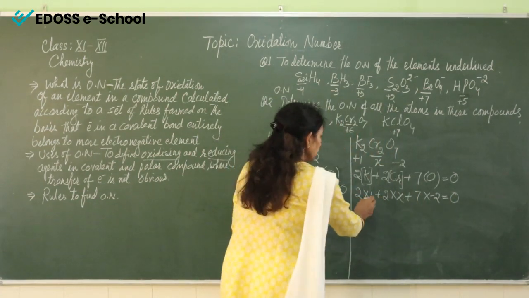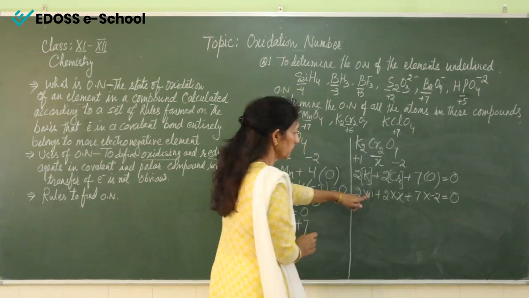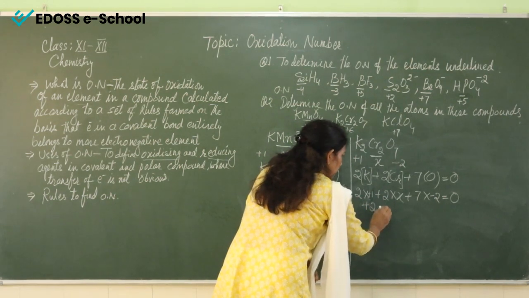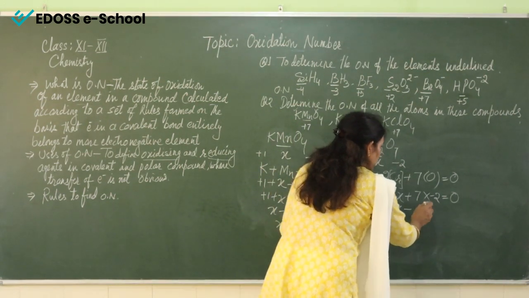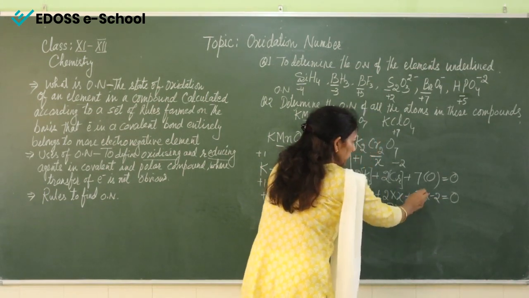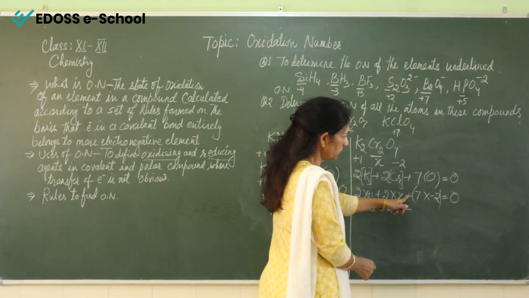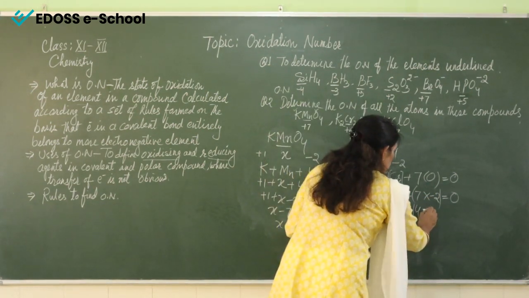Because this is plus 1, we can put the sign also. So this is plus 2 plus 2x, and here plus and minus, we have to see it. This is plus and this is minus, so this will become minus 14. This is equal to 0.